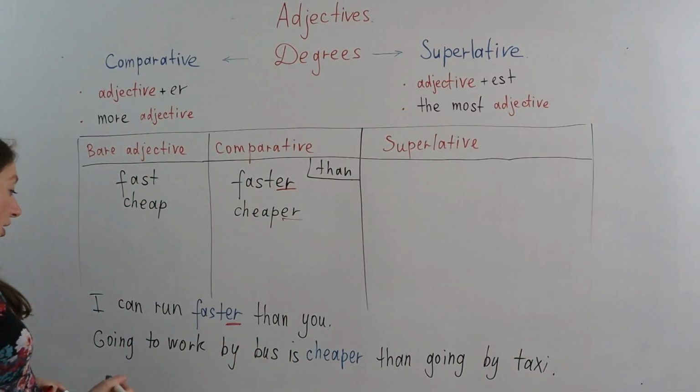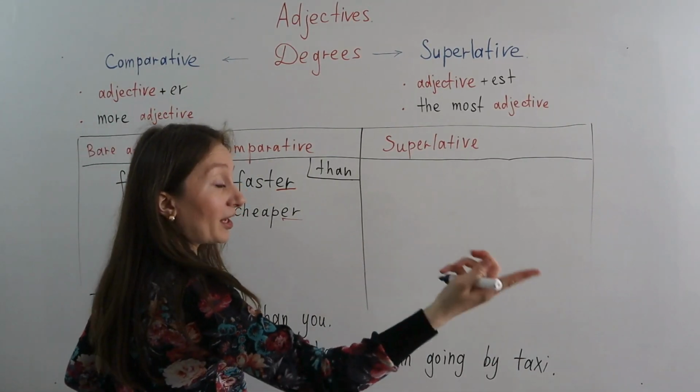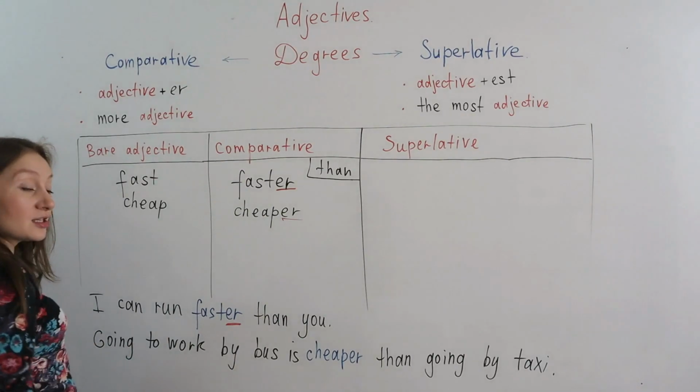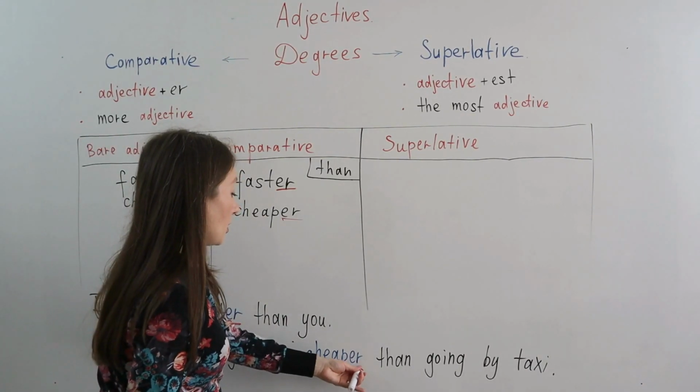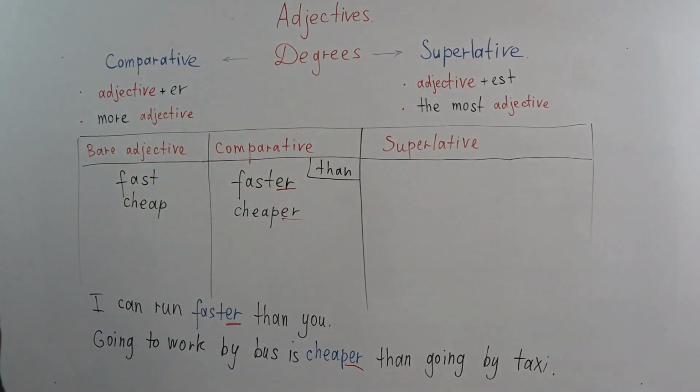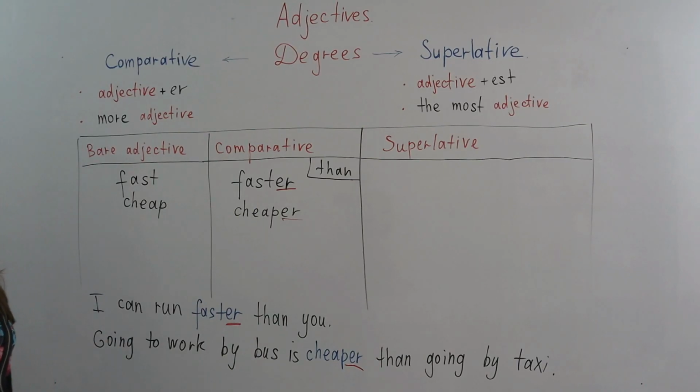Again, we compare going to work by bus to going by taxi. By bus is cheaper, right? So it is cheaper, ER. Very easy construction. You just add ER to the adjective.